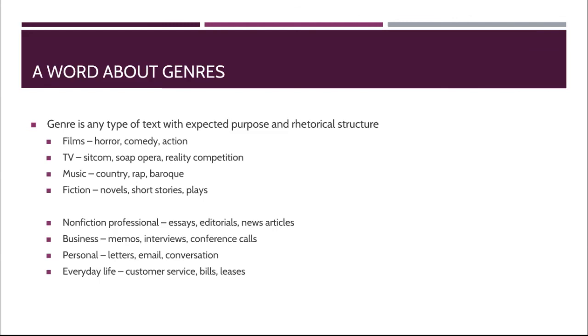So there are professional genres of writing, there are business genres, personal genres like writing emails or having conversations, everyday life type interactions. A bill has an expected purpose and rhetorical structure. And an encounter with customer service has a certain structure to it that we can actually analyze and impart to our students.